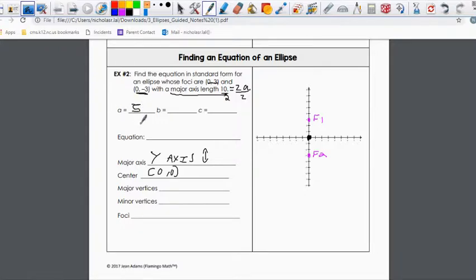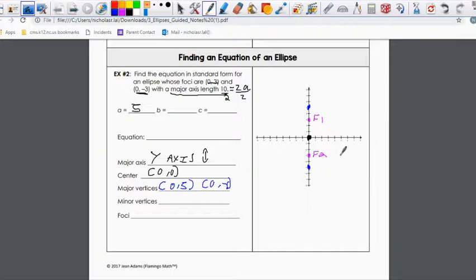If a is equal to 5 and our center is at 0, 0, we know our major vertices are going to be at 0, 5 and 0, -5. That would make sense because this is the major axis.